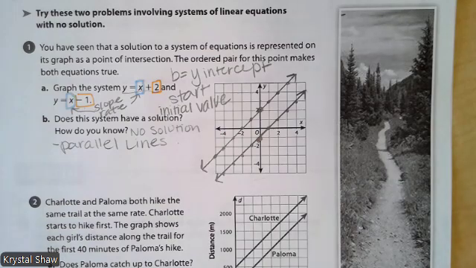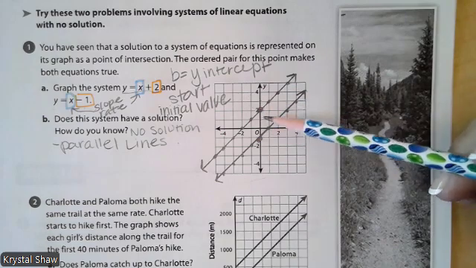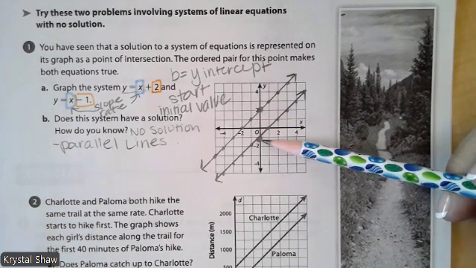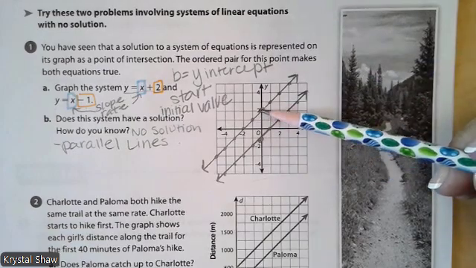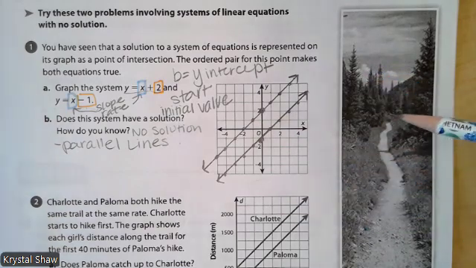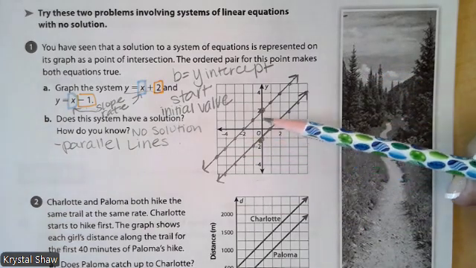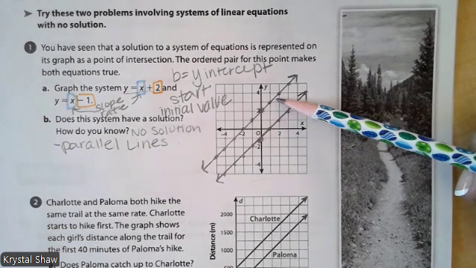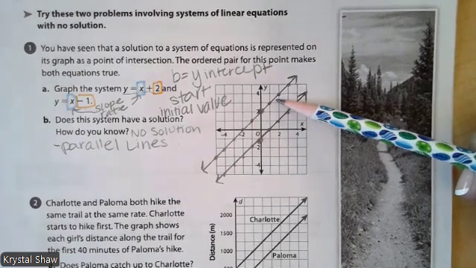That means that it's growing at the same rate. However, this is starting at 2, and this is starting at -1. So if we start at different spots, but then grow at the same amount, our growth for the -1 will never catch up to the growth of this line. That is why it is no solution, and we have parallel lines.